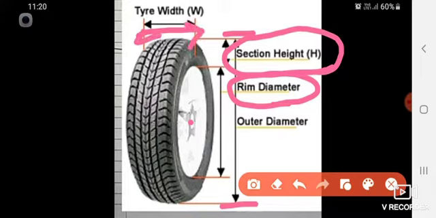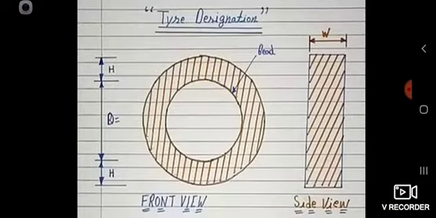This width and this height are the things which are in continuous contact, or this is the area of stress concentration where stress will be concentrated. Understood? Let's move further.